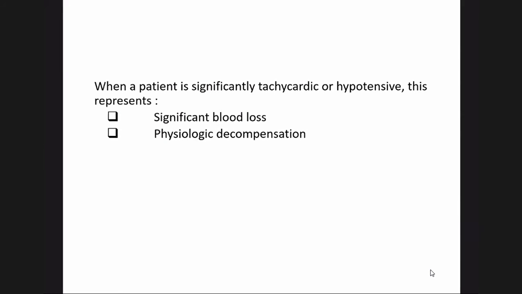So when a patient is significantly tachycardic or hypotensive, this commonly occurs. This represents significant blood loss, physiologic decompensation. So the clinical and physiologic response to hemorrhage has been classified according to the magnitude of volume loss.